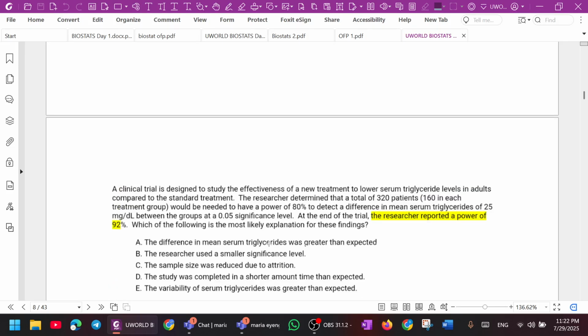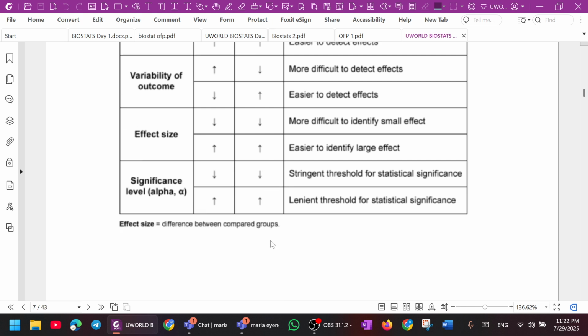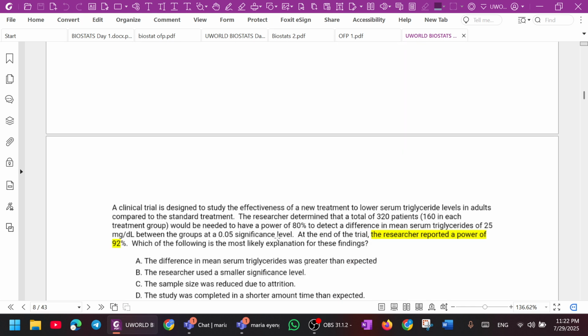So what do you think they're asking? As the power is increased, they are asking for any relationship: if power is increased, sample size is increased; if power is increased, effect size is also increased; and if power is increased, the significance level is also increased.